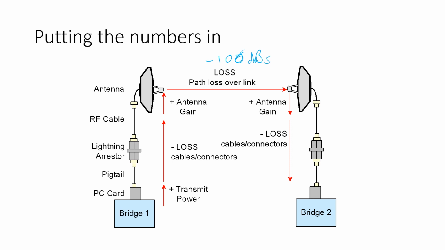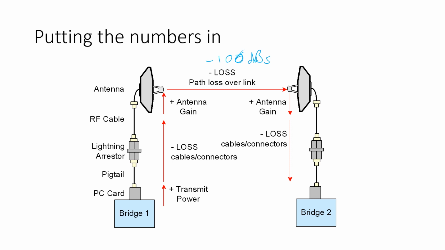Now, if we take a look at the example of a bridge that I had a link to earlier, and I'd recommend that you take a look at that, you can extract a number of things from its specification sheets, and we end up with a slightly different diagram to the one that we have here, because the particular bridges that I have a link to have internal antennas with modest gains which you can use, but they can be connected to external antennas as well, as an option.